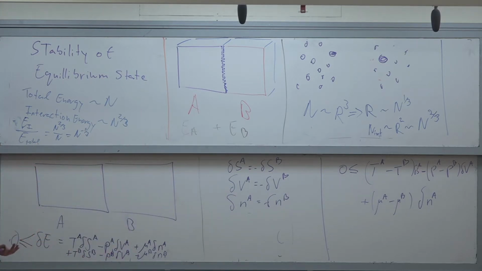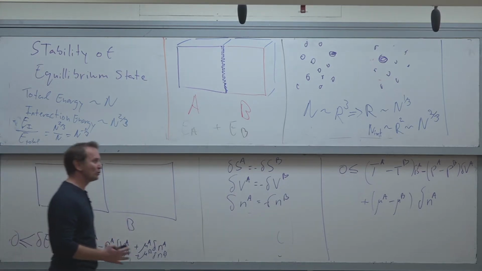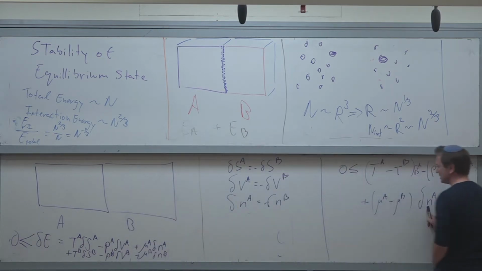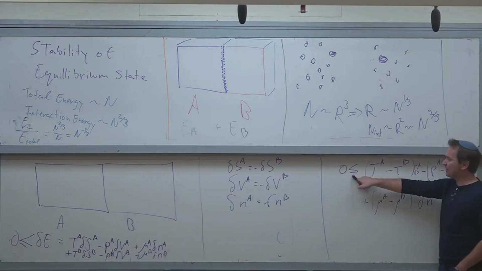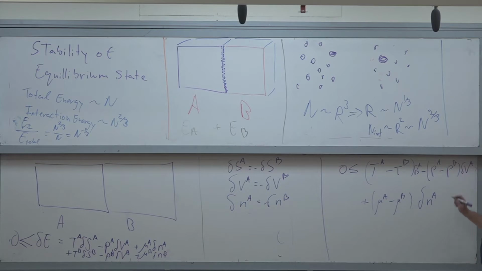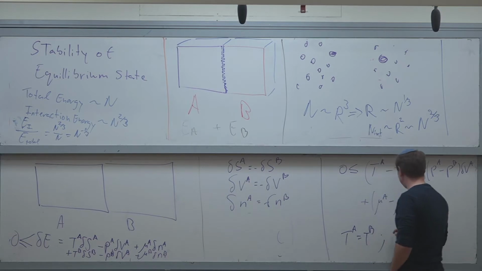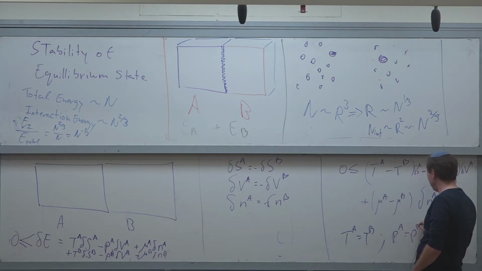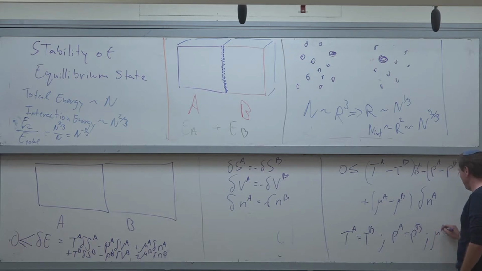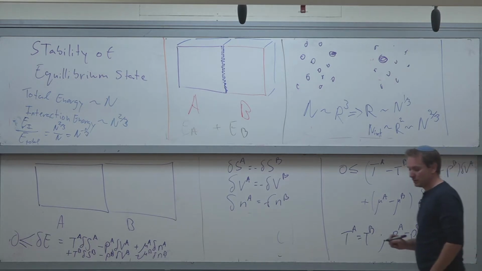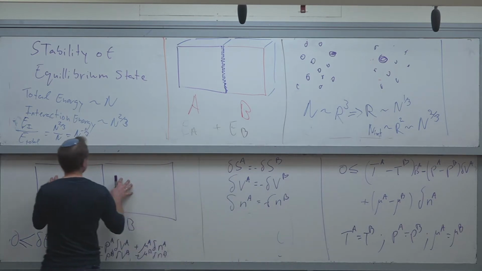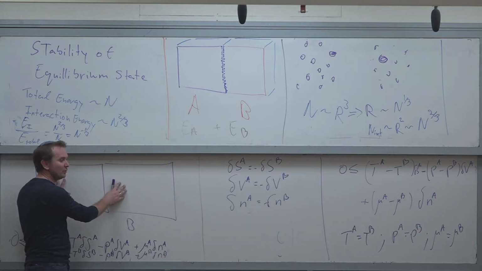I can make delta S_A positive or negative. The same goes for the volume changes and for the mass changes, but it still has to be greater than or equal to 0. The only situation when this is satisfied is when T_A equals T_B, P_A equals P_B, and mu_A equals mu_B. So if two systems are in equilibrium with each other, there are no macroscopic flows, only some small fluctuations imposed mainly by constraints.